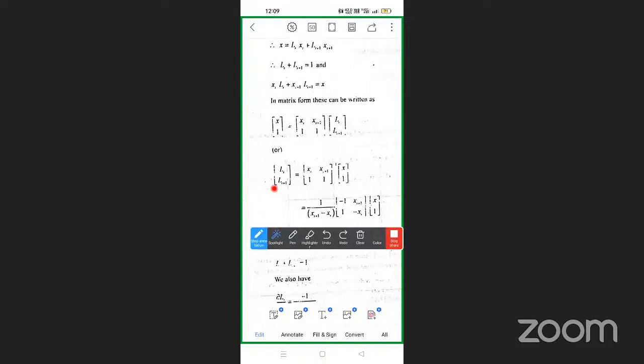Li into Li plus 1 is equal to xi plus 1, 1 inverse, this matrix inverse into x1. So we have to find the inverse of the matrix xi, xi plus 1, 1, 1.